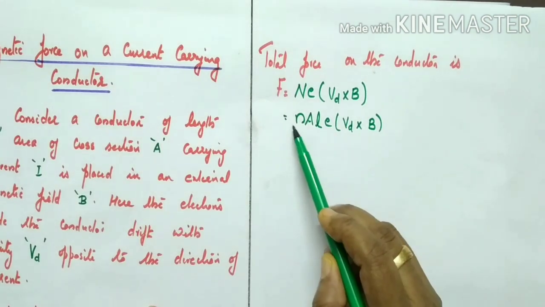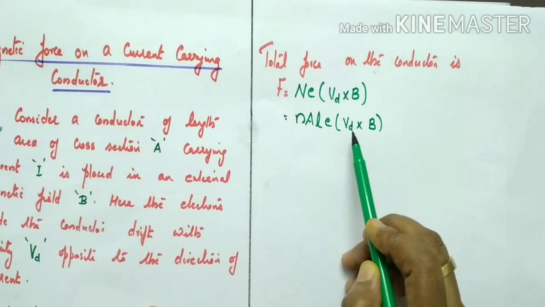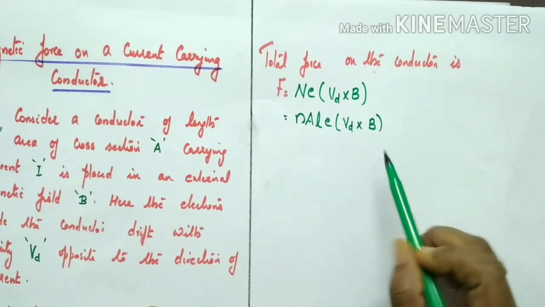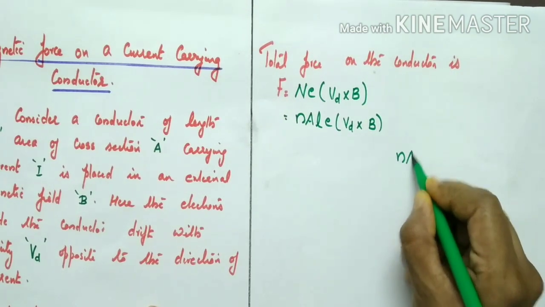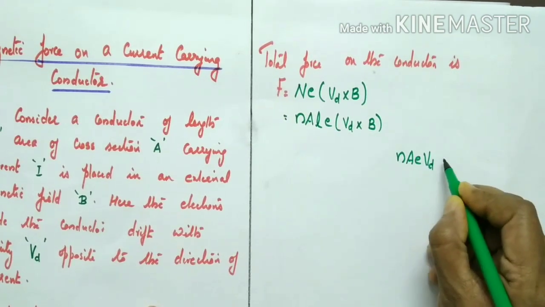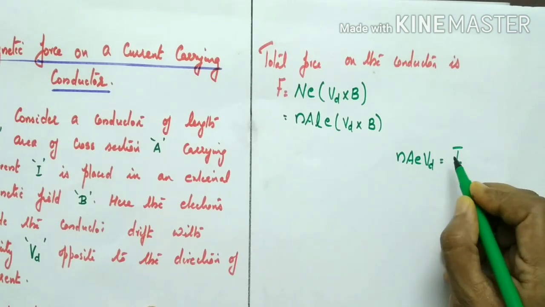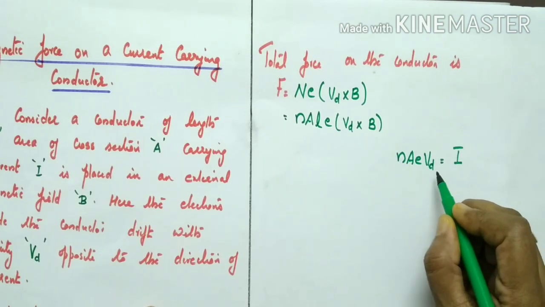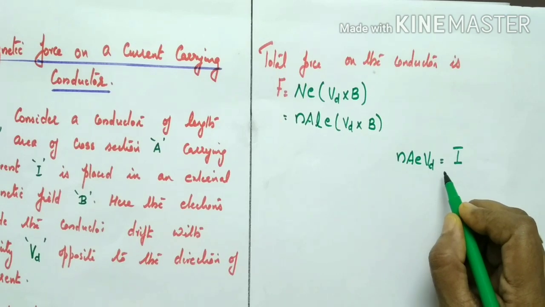But what is this nAe Vd? We know nAe Vd is equal to current I. Already we have studied I equal to nAe Vd in the current electricity chapter.